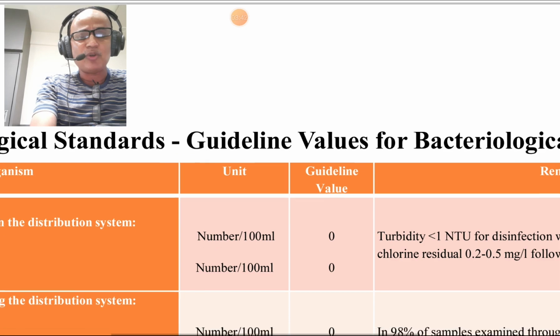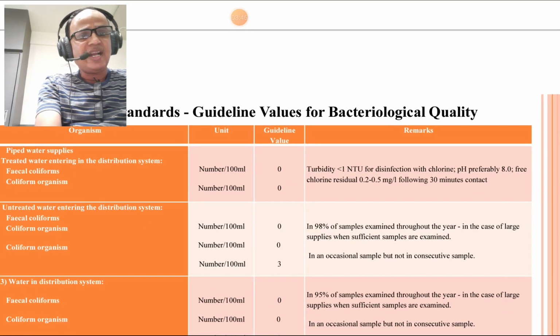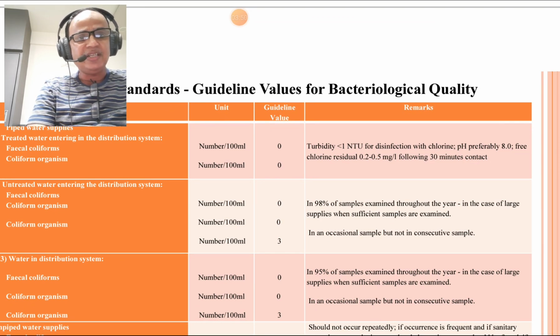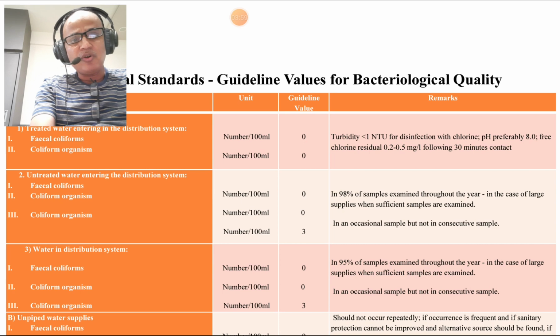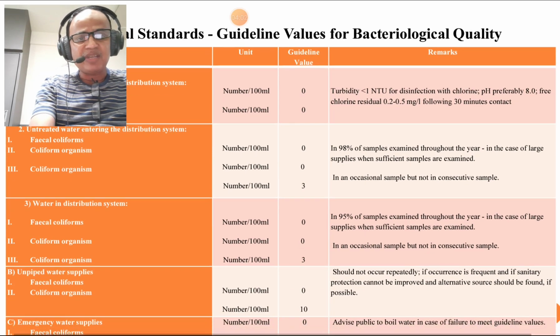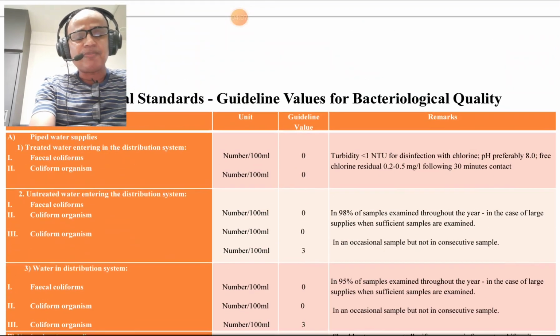These values are important. And for bacteriological standard, the guideline values for bacteriological quality, that is number per 100 ml, are always 0, and for coliform organisms it is 3 in some cases and 10 in unpiped water supplies.